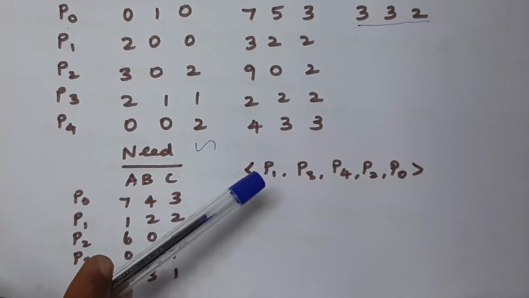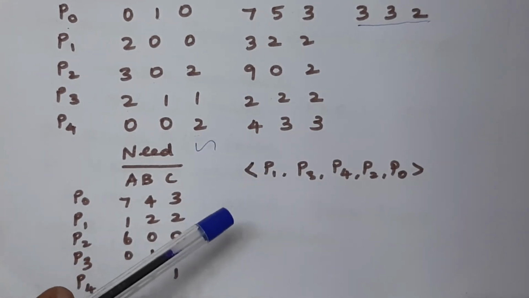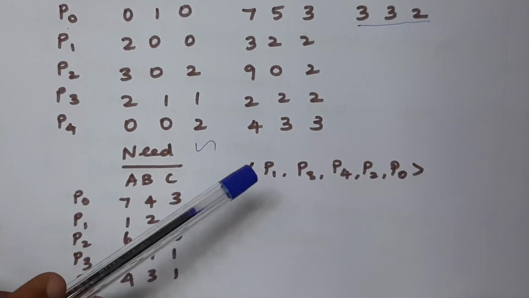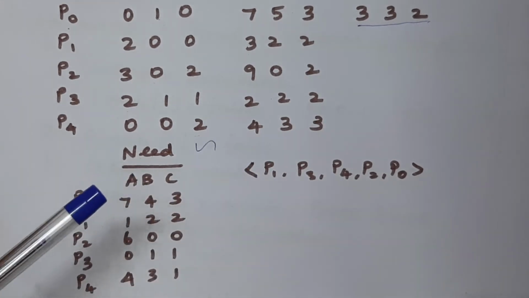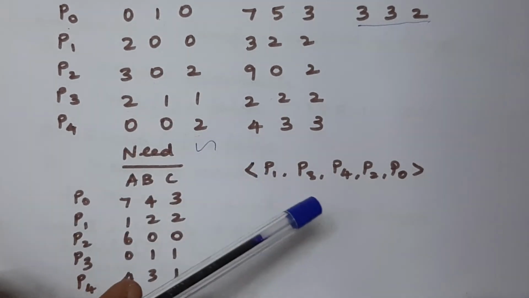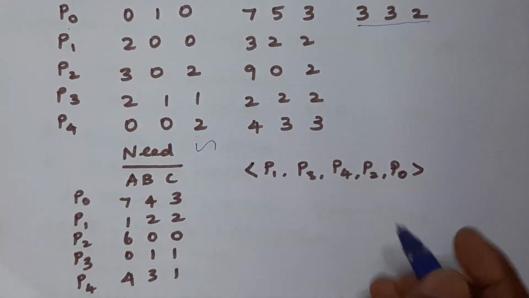If you follow this particular order, the system will remain in the safe state. So we need to determine if you follow this particular order whether the system remains in the safe state or not. So we need to check it out. Okay. So P1, P3, P4, P2 and P0. This is the order of execution of all these processes. So let us check it.